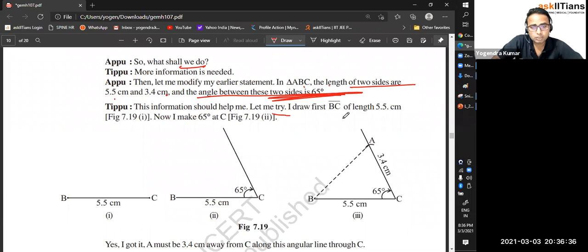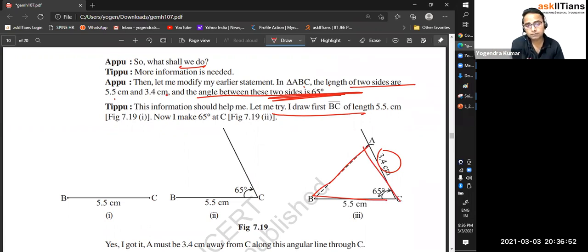Let me try. 5.5 he has drawn, 65 angle he has made, right? Now one of the sides is 3.5. Now he got the exact figure. So now he is getting an exact copy of the figure Appu was having, right?